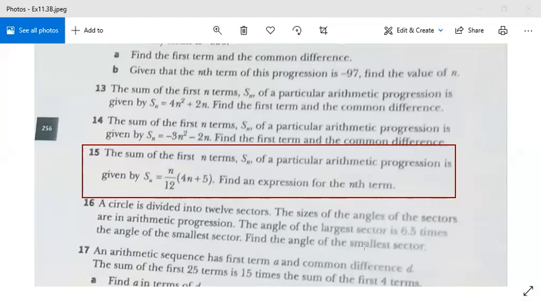So now going to the whiteboard. This is exercise 11.3, question number 15.